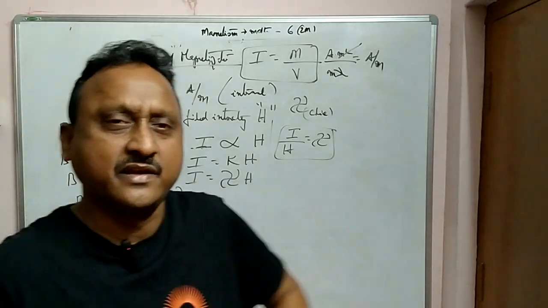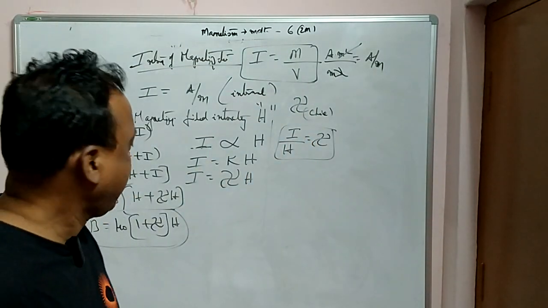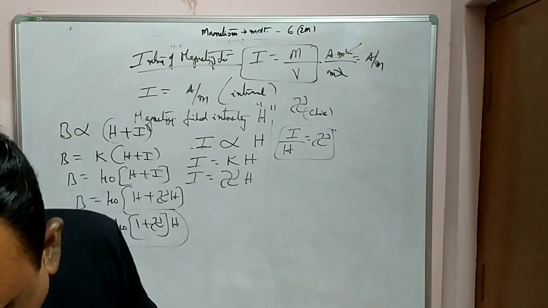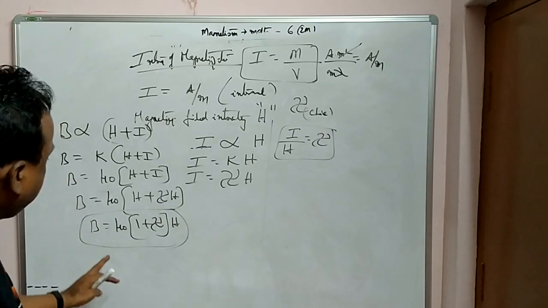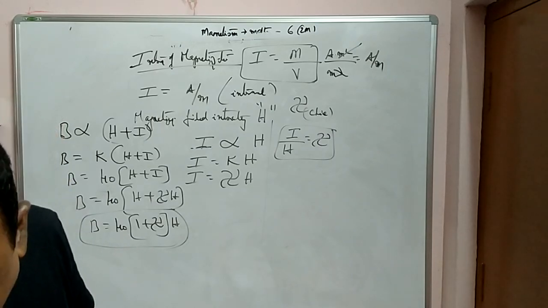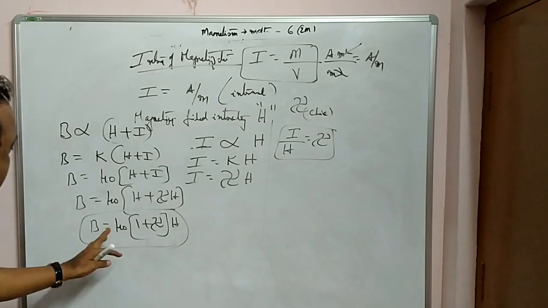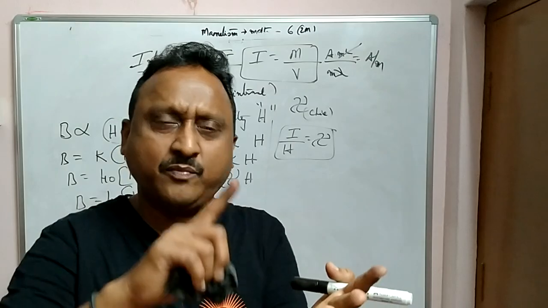So these formulas are very important in explaining the properties of magnets. B is equal to mu naught into 1 plus psi into H. Very important one. Okay, any doubt? You can change the formulas as and when required depending upon the medium.